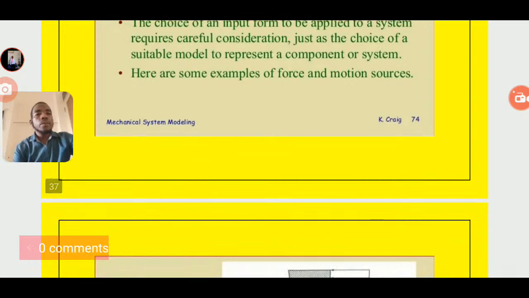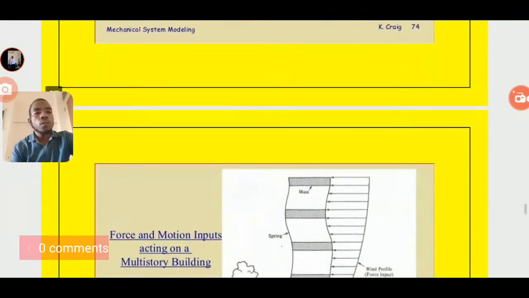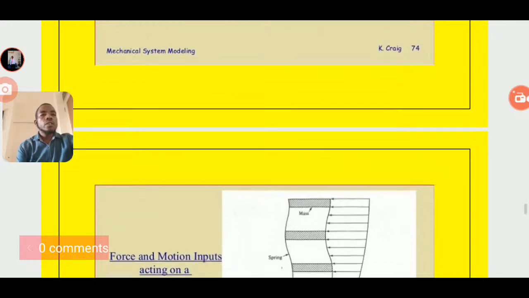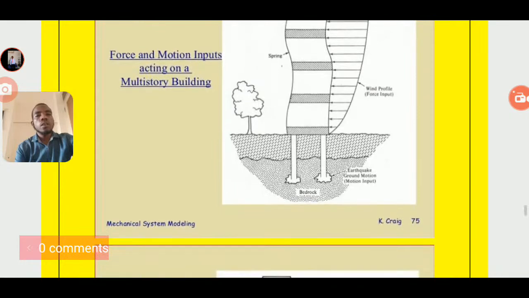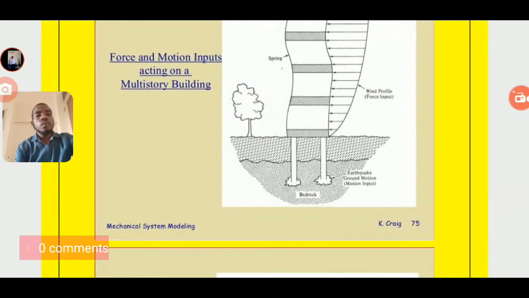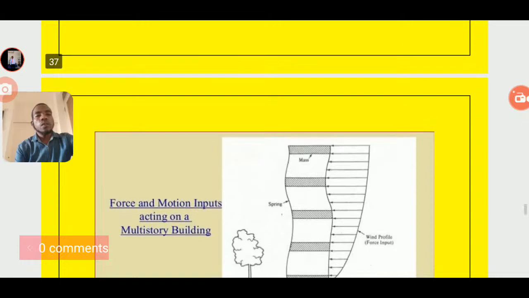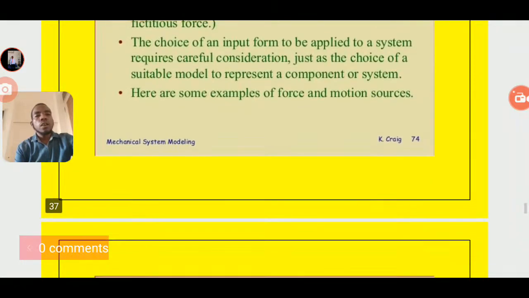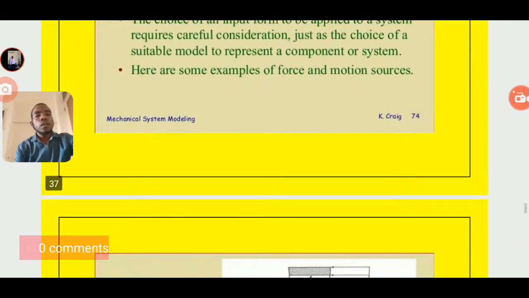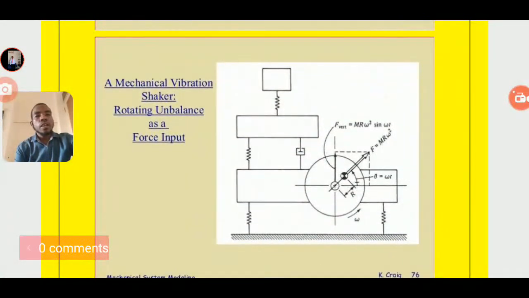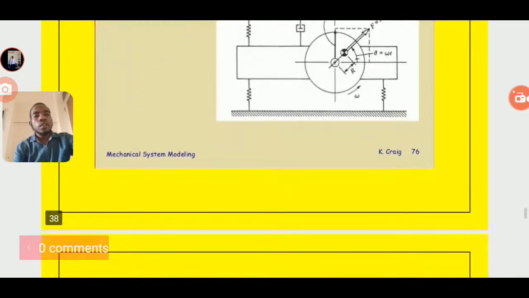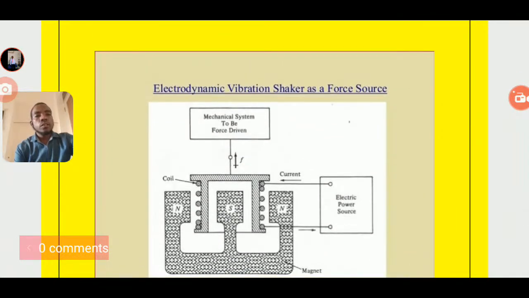Here are some examples of force and motion sources. The first example is a force and motion impulse acting on a multi-story building. Also, a mechanical vibration shaker with a rotating unbalance as force input, and an electrodynamic vibration shaker as a force source.